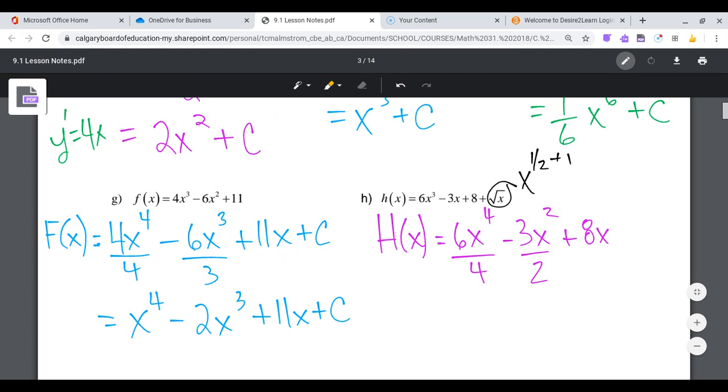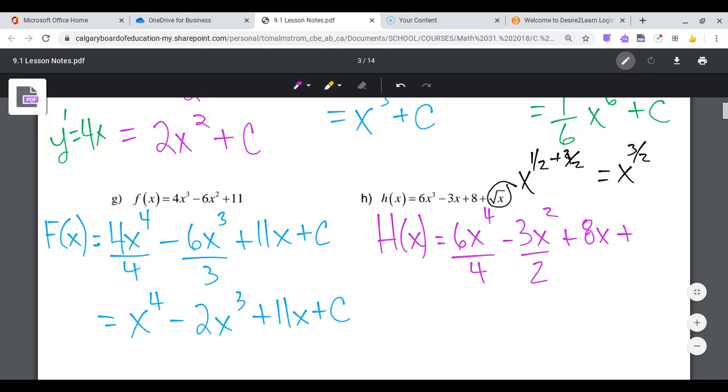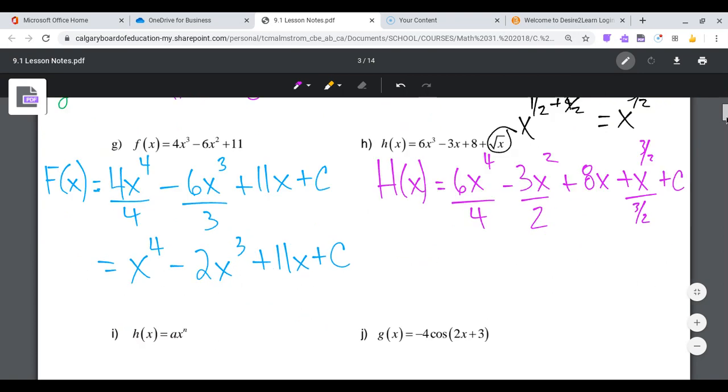So to add 1, make a common denominator. So it becomes 3 halves. Okay, so this is plus x to the 3 halves. And then, yes, we have to divide by that funky fraction and add c. And then we'll tidy this up.